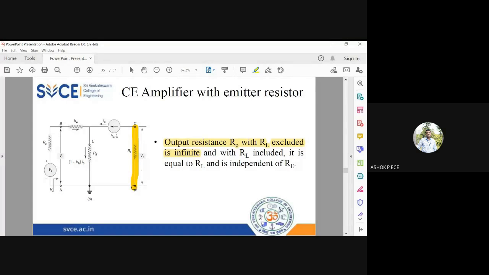It is available here. What is the other resistance you see? One is the resistance of current source, infinity. The other one is RE. I can say this infinity and RE are in series. So infinity plus RE becomes infinity. Anything parallel to infinity is that resistance. So when you include RL, the output resistance is RL. When you don't include RL, the output resistance is infinity. Is this point clear to everybody?